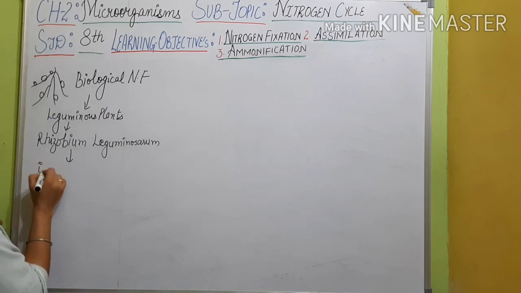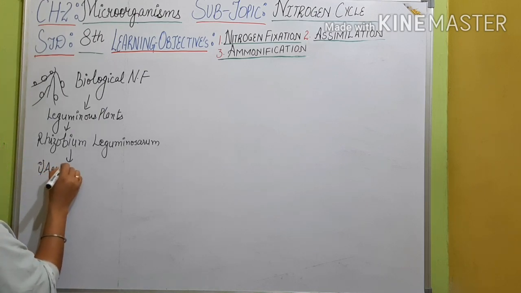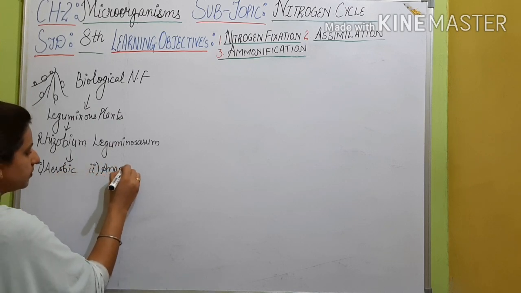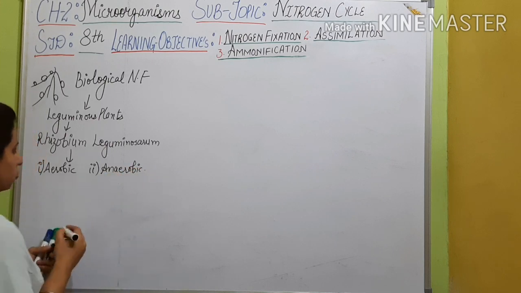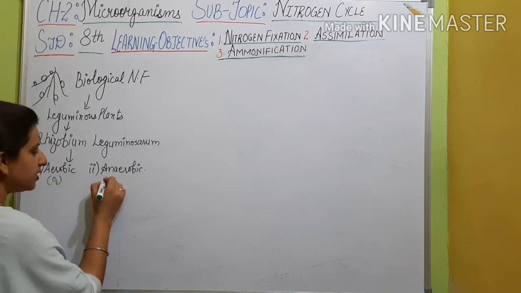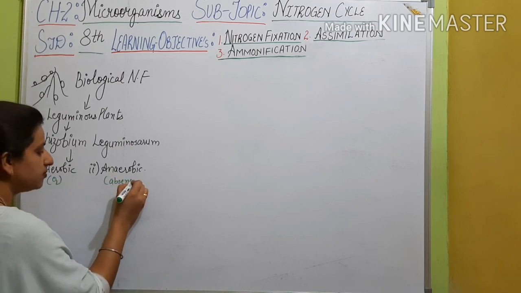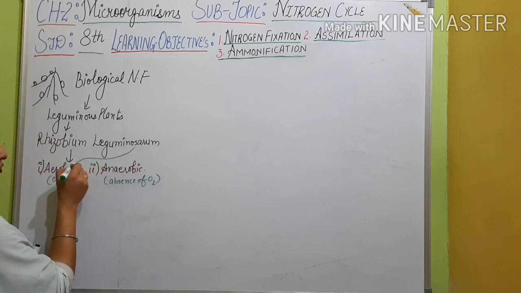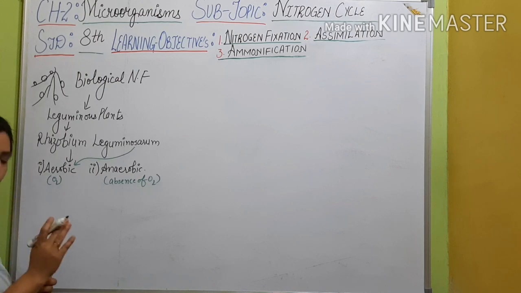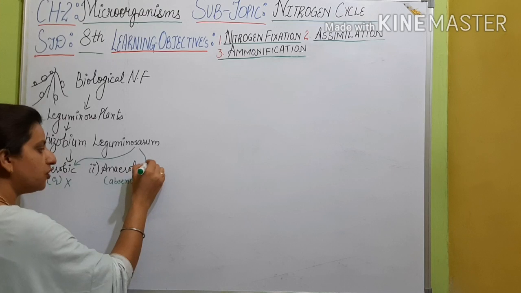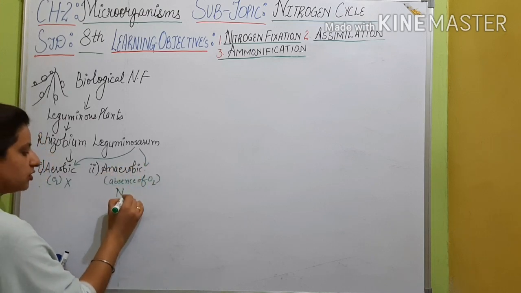First condition is aerobic and second condition is anaerobic. Aerobic means there is presence of oxygen, and anaerobic means there is absence of oxygen. So the leguminosarum will not fix the nitrogen in the presence of oxygen, but in the absence of oxygen it will fix the nitrogen for the plant.